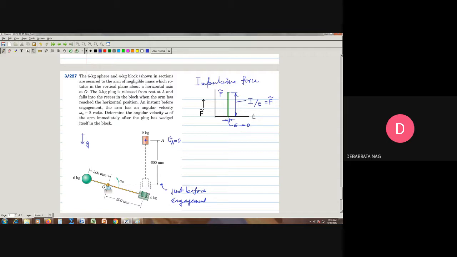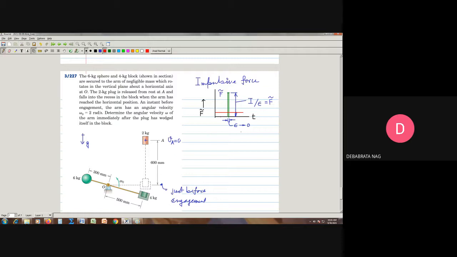So although the magnitude of the force is very large, since it acts for a very short duration of time, it is able to impart a finite impulse on the system. And normally this impulse is very large compared to the other non-impulsive forces. A non-impulsive force, say the force due to gravity, can be represented by a flat line like this.